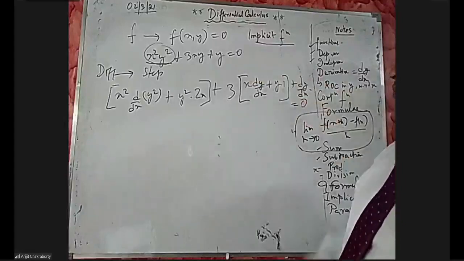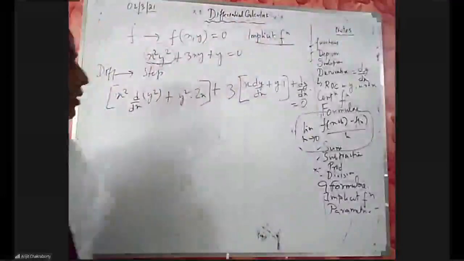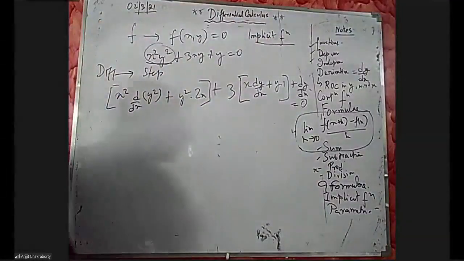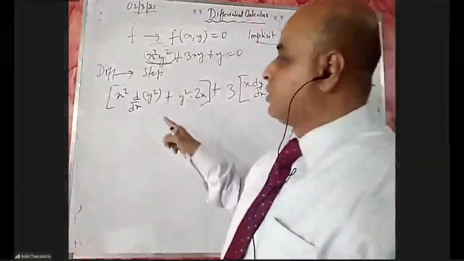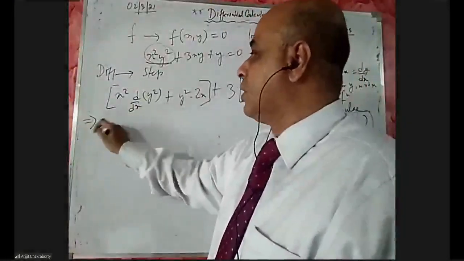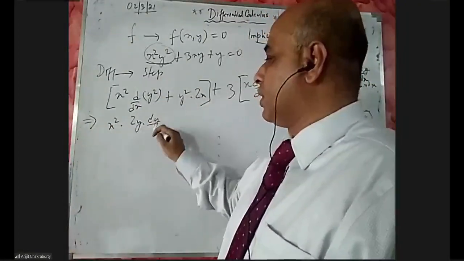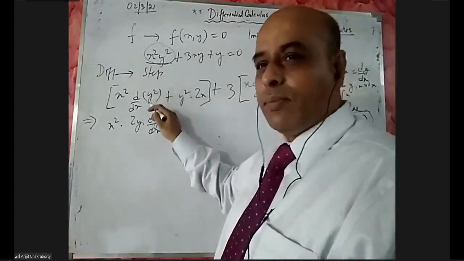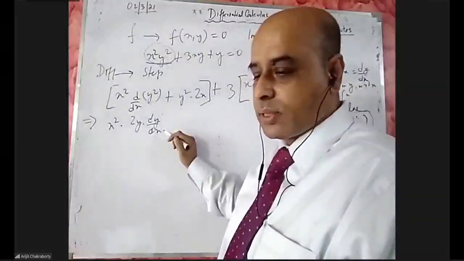This 0 comes here. Now we have to just simplify and see what we can do with this. So if you see the first expression, it is x square into 2y into dy by dx. Okay, 2y because it is y squared, but we have to find out dy by dx.